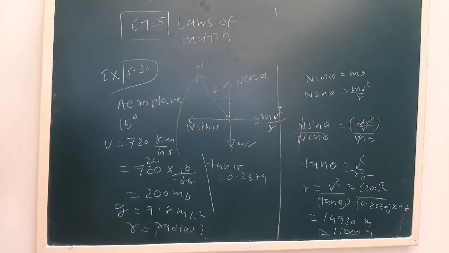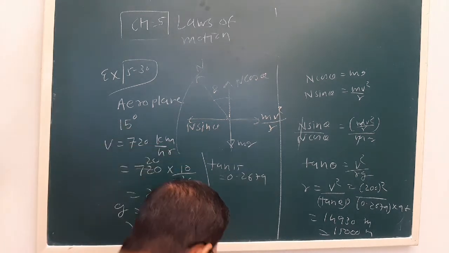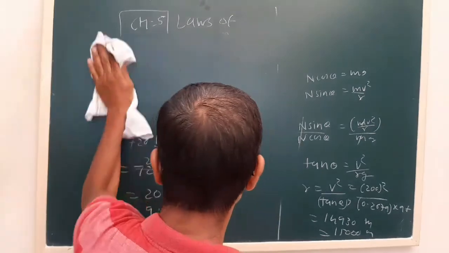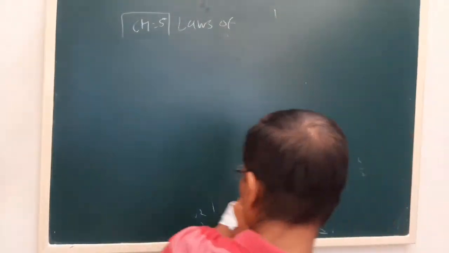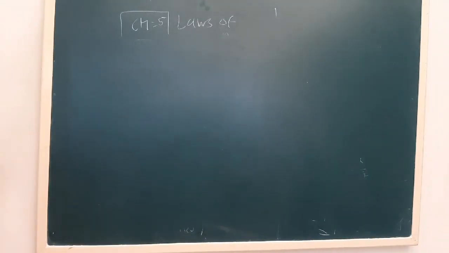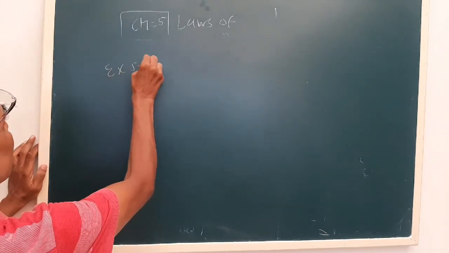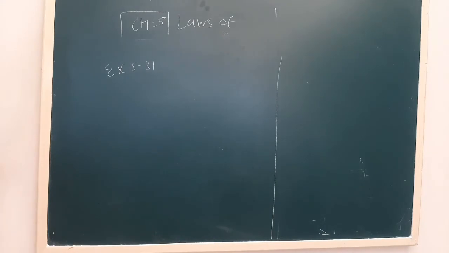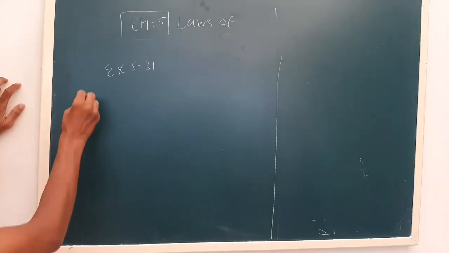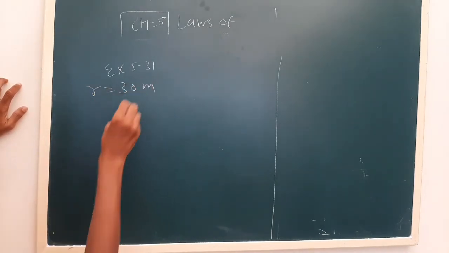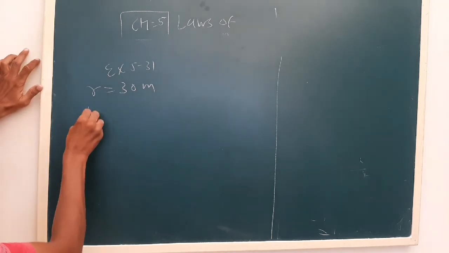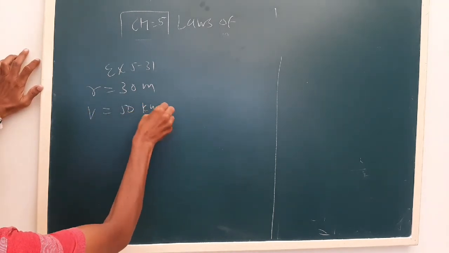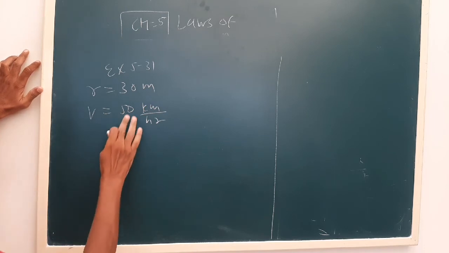So this is about exercise number 5.30. Now one more numerical exercise. See here, a train moves on a circular path of 30 meter radius with a speed of 54 km per hour.